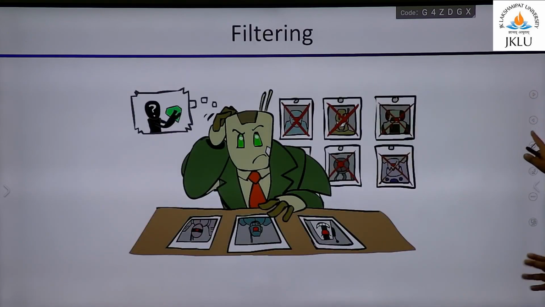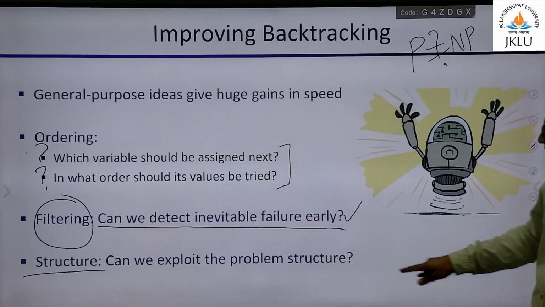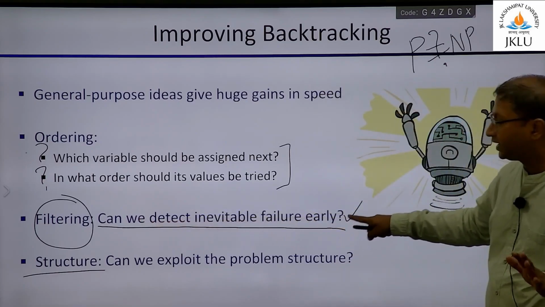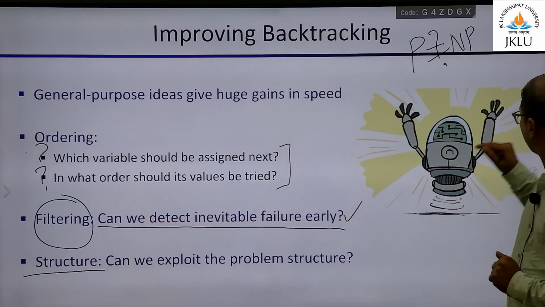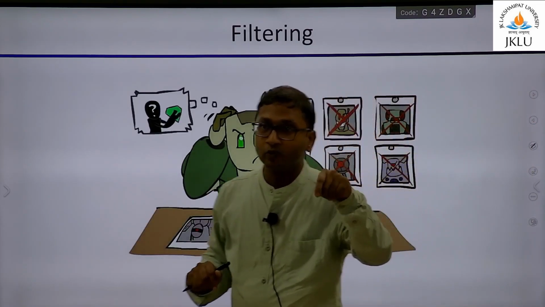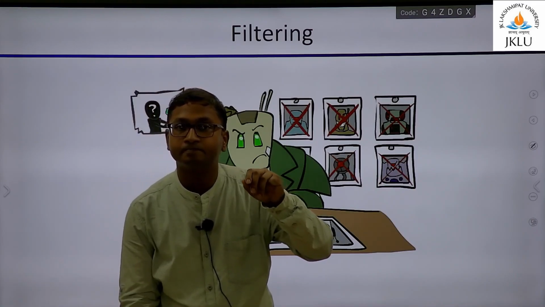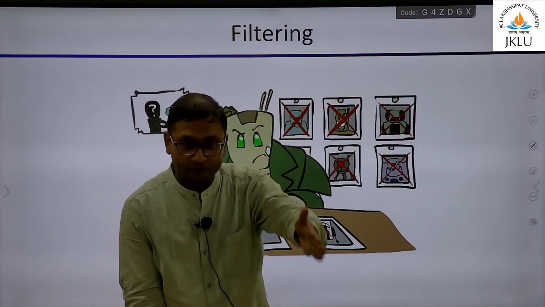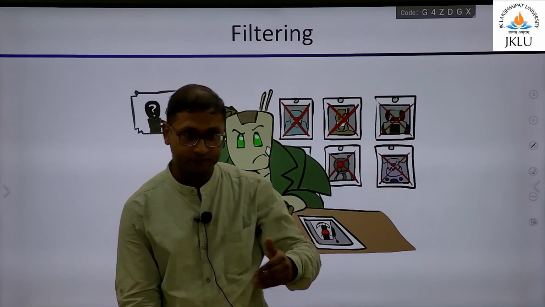Filtering. What was filtering? Can we detect inevitable failures early? If I can detect inevitable failures early, what does that mean? You don't move along that path for long.